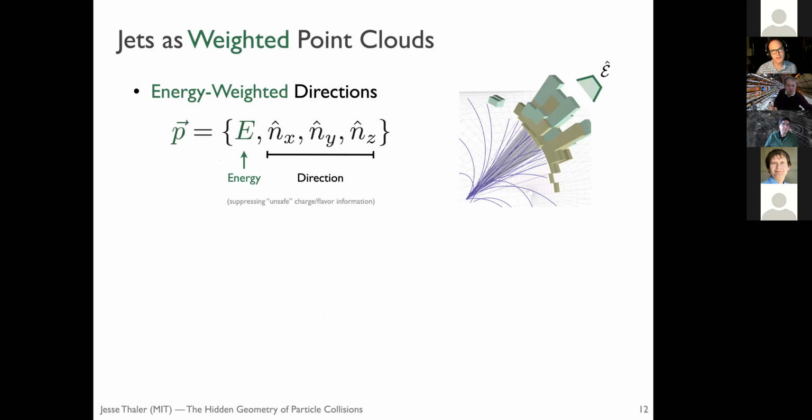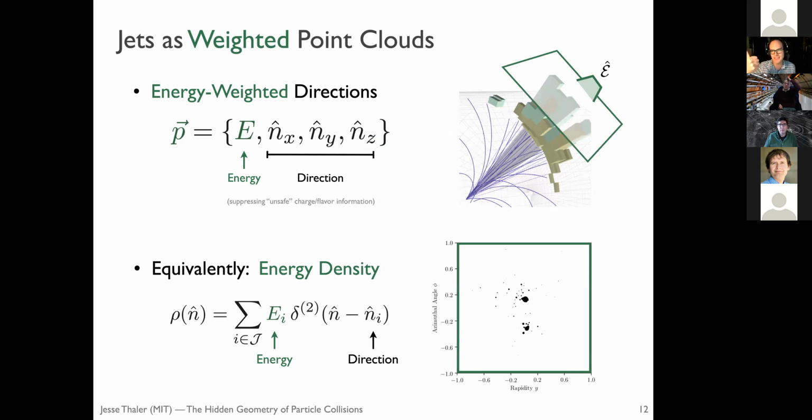And I'm just going to focus on the flow of energy off to infinity. So you can think about this as what you would measure in an idealized calorimeter. So if I just take a square slice out of my detector and have a jet go into that square slice, what I'm talking about equivalently is an energy density. What's the density of energy on my detector cylinder? And the fact that it's linearly weighted in energy, that's the key thing for having a weighted point cloud.